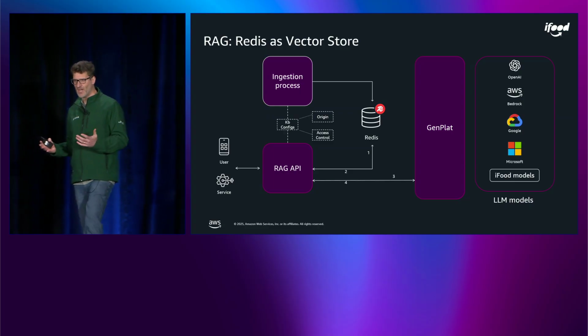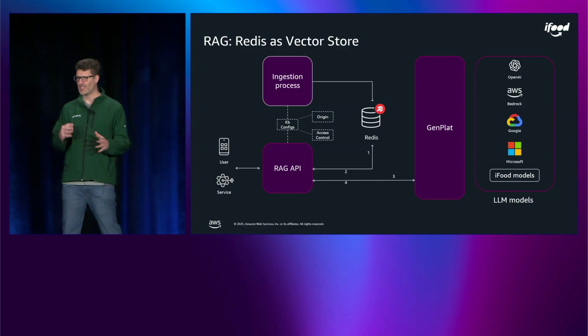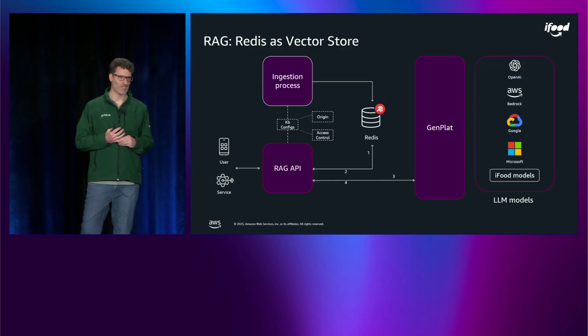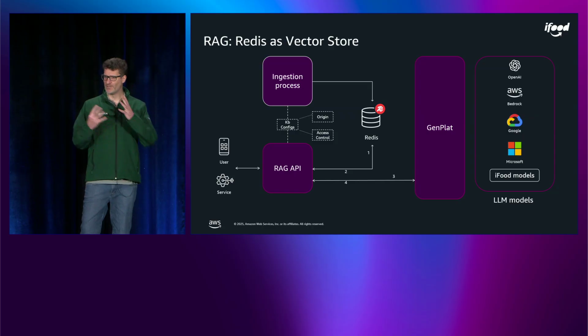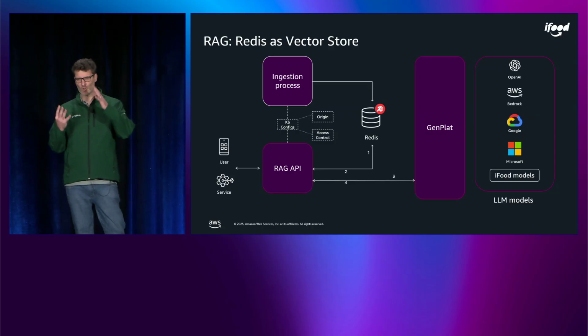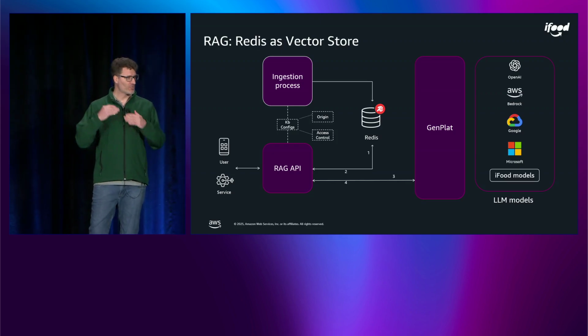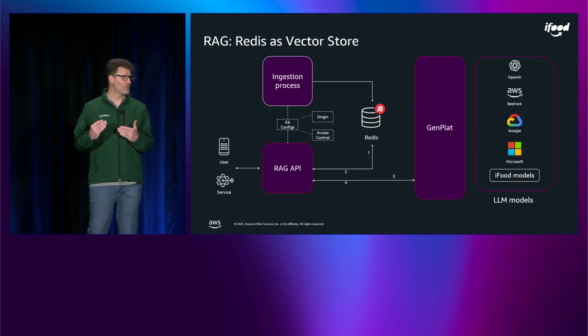Our internal RAG API is split in two important pipelines. The first pipeline is the ingestion pipeline, where, given a group of documents, you split them in chunks and store them in the Redis vector store.